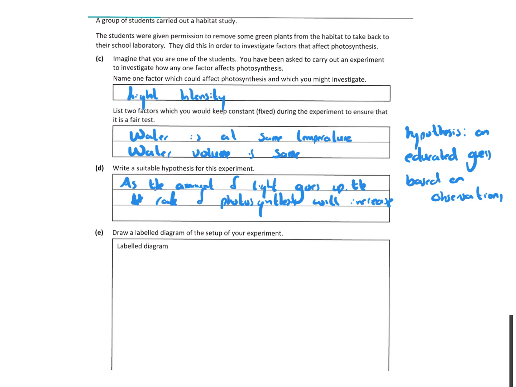Now we have to draw a labelled diagram of the setup of our experiment. So we're going to have our water basin or water trough. And inside that, we're going to have our LED. I'm going to put that inside a conical flask in here. And then above that, we're going to have a test tube or similar. Okay, this is going to be filled with water.